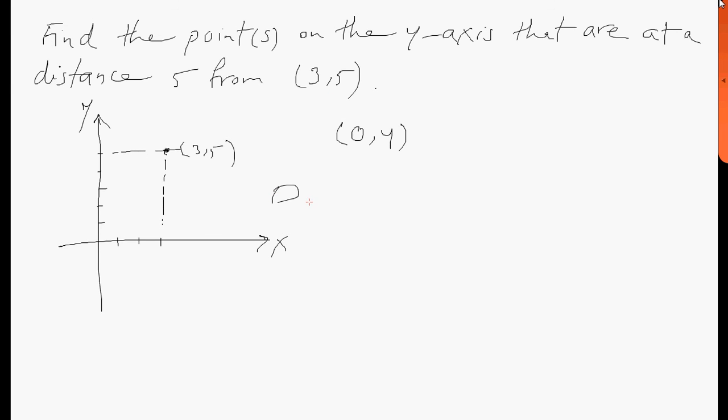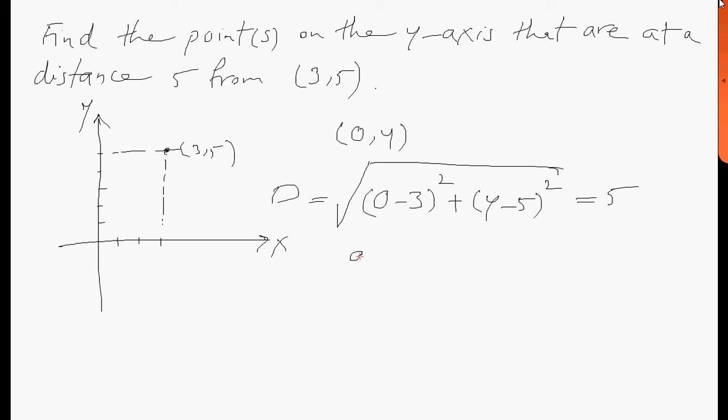The distance is radical (0 minus 3) to the power of 2 plus (y minus 5) to the power of 2. And we want this distance to be exactly 5. So as you can see, this is just a radical equation in only one unknown y that we have to solve. Here we have 9 plus y squared minus 10y plus 25 equals, so we raise both sides to the power of 2, equals 25.